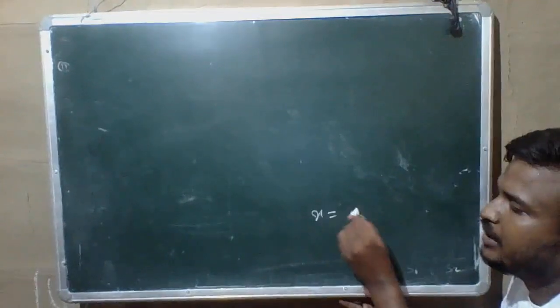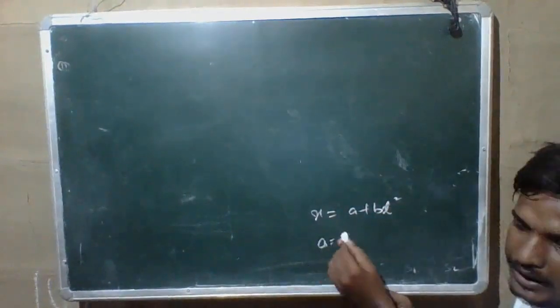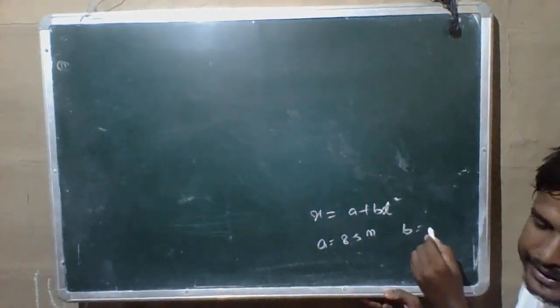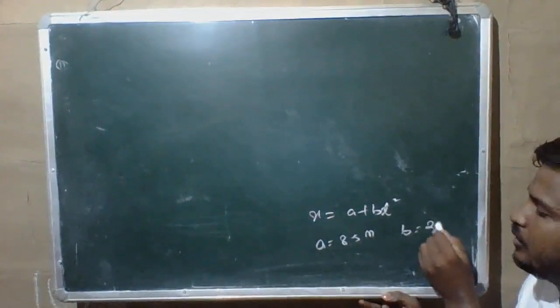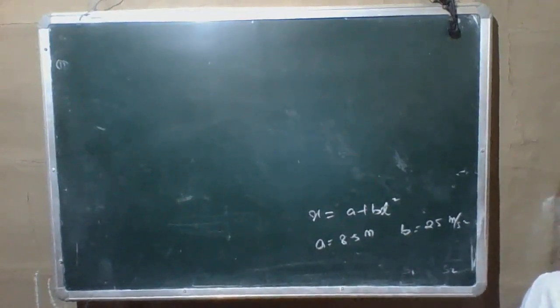The position of an object moving along the x-axis is given by x equal to a plus bt square, where a equal to 8.5 meter and b equal to 2.5 meter per second square. Since meter is given, it indicates distance or displacement, and b may be acceleration, and t is measured in seconds. What is the velocity at t equal to 0 second and t equal to 2 second? What is the average velocity between t equal to 2 second and t equal to 4 second?